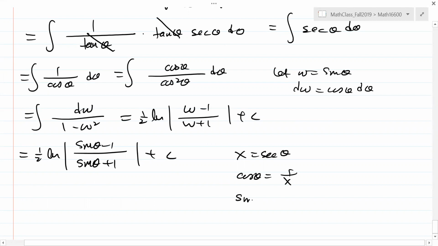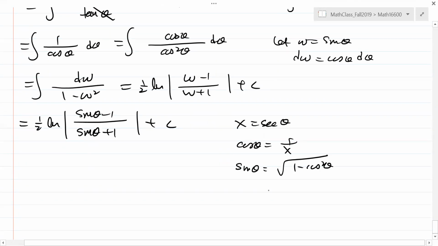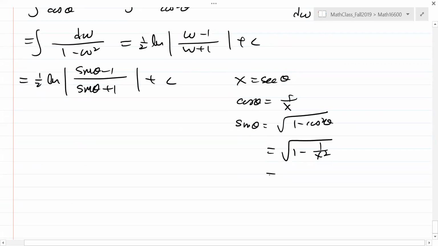So sine theta is going to be the square root of 1 minus cosine squared theta. It's going to be 1 minus 1 over x squared, and that is going to be x squared minus 1 over x squared. That's going to be square root of x squared minus 1 over x. So sine theta has the same sign as x.